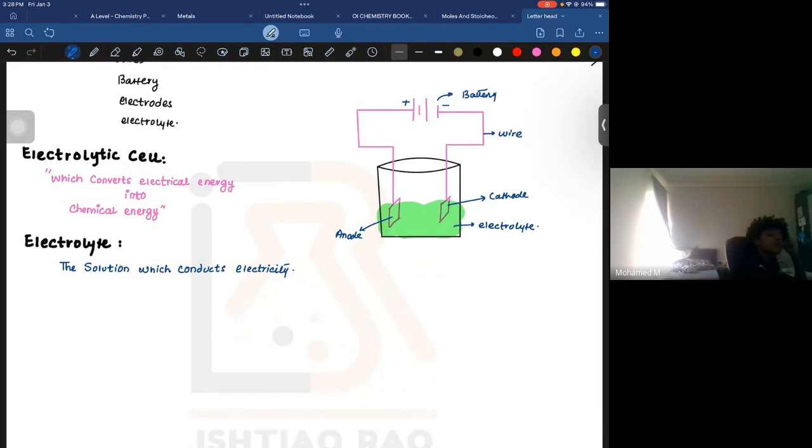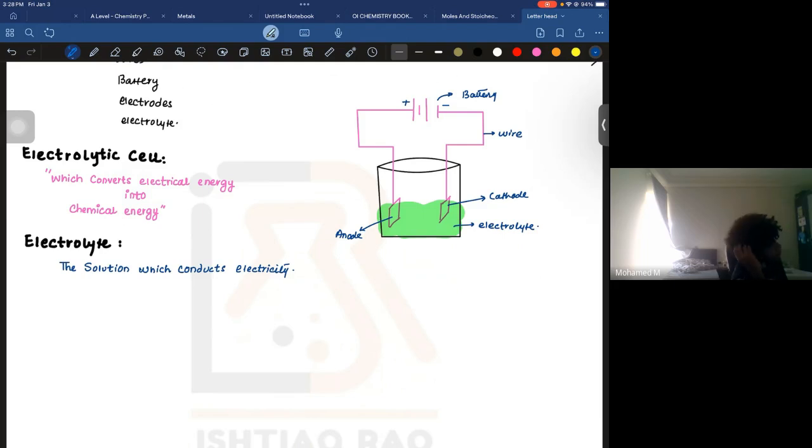And you know that ionic compounds have a giant ionic lattice structure. In a lattice structure, all the ions are held together with a very strong electrostatic force of attraction, so the ions cannot move.